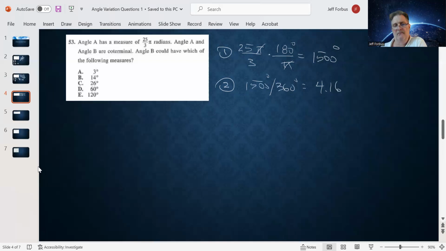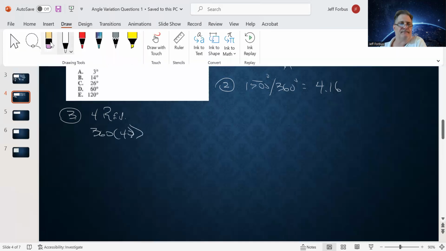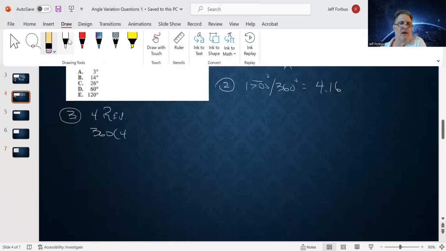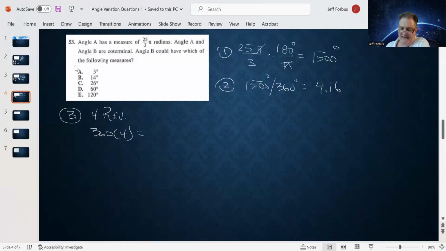Okay, so 4 revolutions gives us how many degrees? So 360 times 4. Sorry, let me fix that. Got in a hurry. So 360 times 4 is going to be 1,440 degrees.